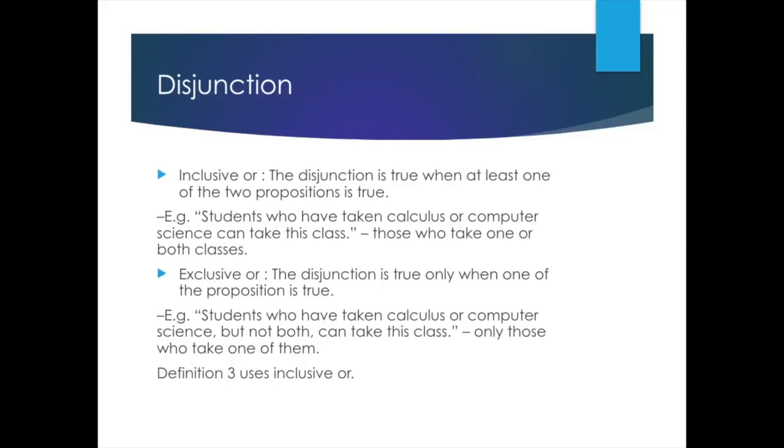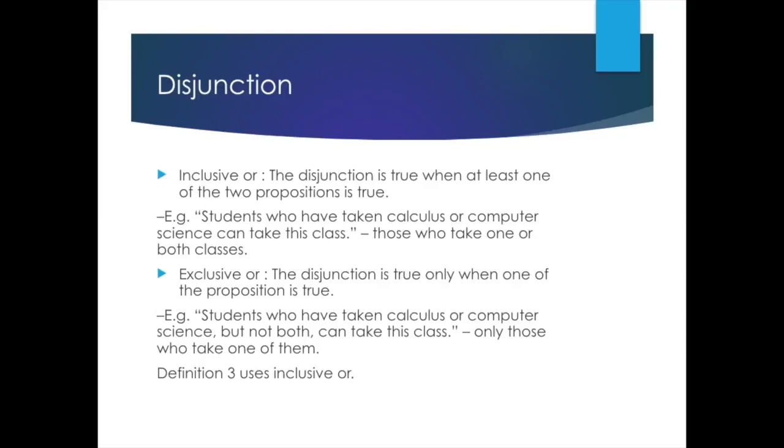Now, once you are talking about exclusive OR, the disjunction is true only when one of the propositions is true. That's the exclusive OR, because it's exclusively true when only one of them is true. But true XOR true, or true exclusive OR true, is false.